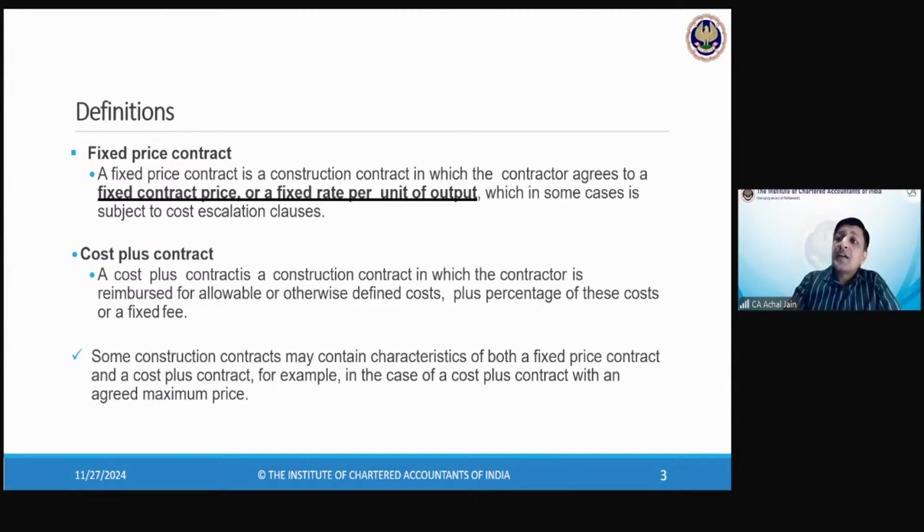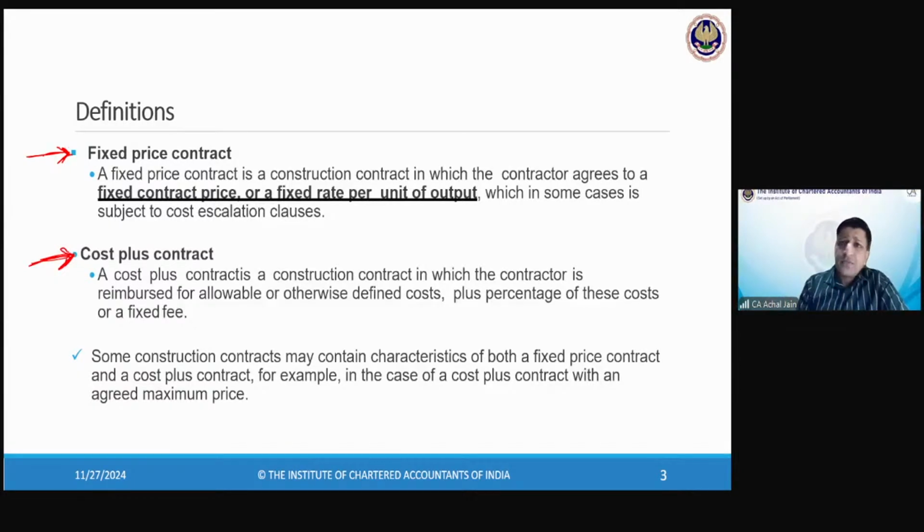Two types of contracts are possible. One, which you call a fixed price contract, and the other type is a cost plus contract. Now, what is the difference between these? Fixed price contract means wherein your price is fixed or your rate per unit of output is fixed.